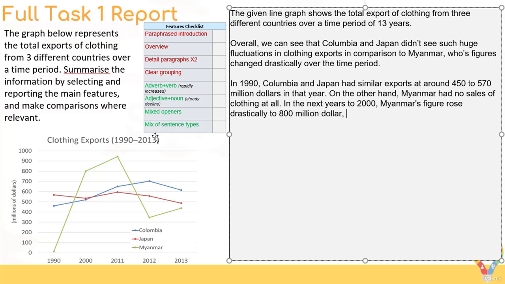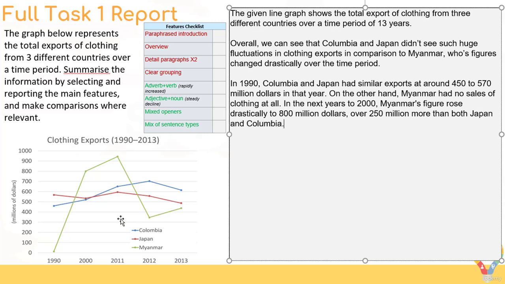Let's say from Colombia and Japan, which are very similar, around 520, let's say to $800 million, over 250 million more than both Japan and Colombia.